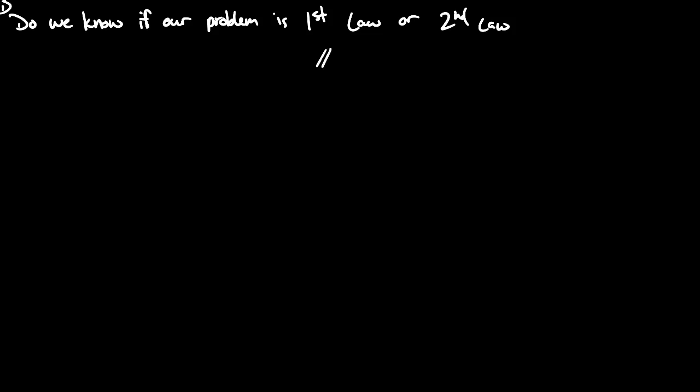If it's a first law problem, you know the net force on the system has to be equal to 0. If it's a second law problem, you know the net force on the system has to be equal to ma. If you can determine that, that will simplify your work. If you can't determine it, like there's not enough information, you have to assume second law unless proven that it's the first law.